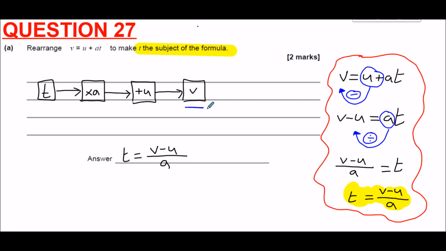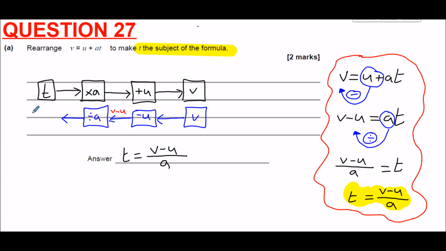Now what we do is we go the opposite way round and work backwards on ourselves, rewinding this till we get to t at the beginning. So start with v at the end, but now we're going to be going the opposite way, and so we're going to be doing the opposite things. Opposite of adding u is subtracting u. And then here, the opposite of multiplying by a would be to divide by a. So if we just piece this together now, v take away u is v minus u.